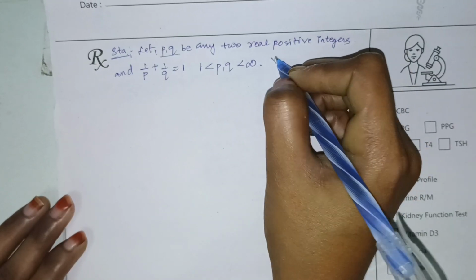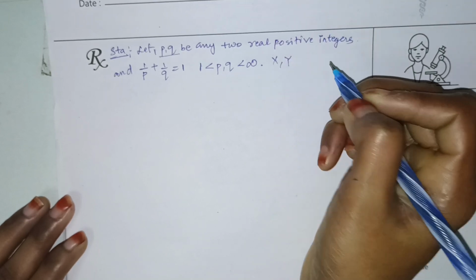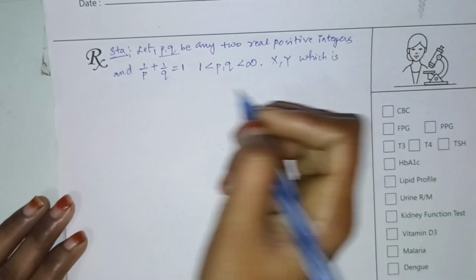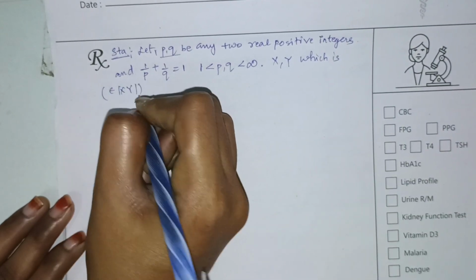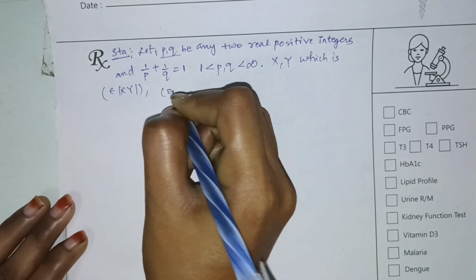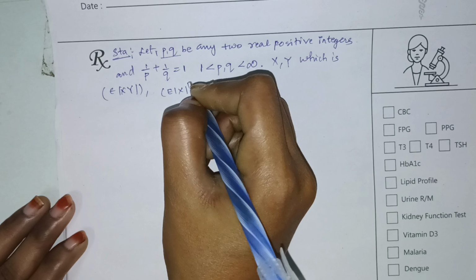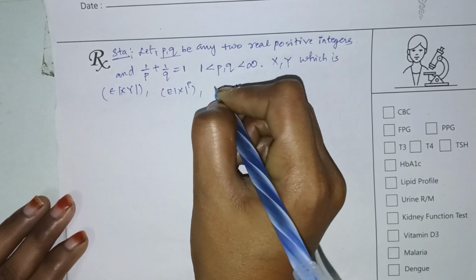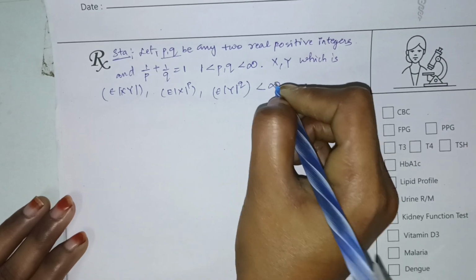Then if you consider the two random variables X and Y, their expectations are finite, which is expectation of mod XY, expectation of mod X whole to the power of p, and expectation of mod Y whole to the power of q are less than infinity.